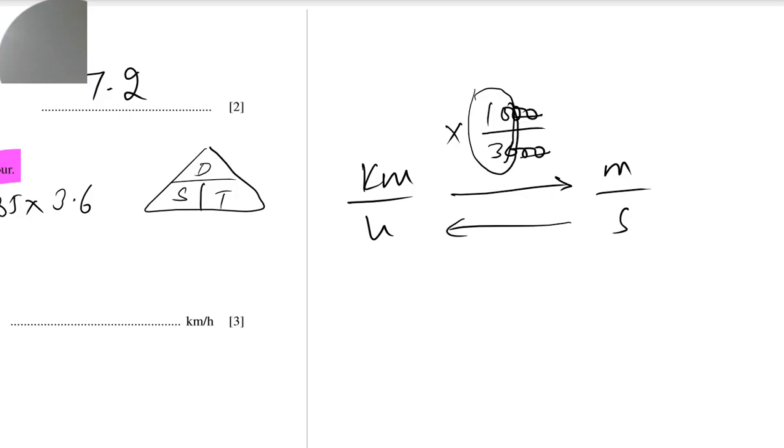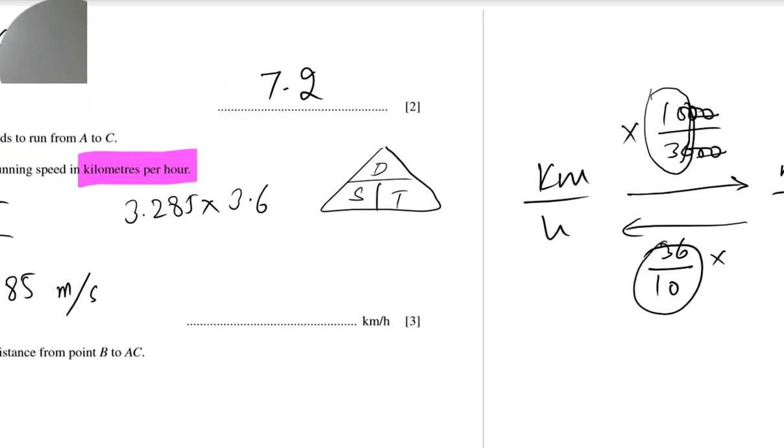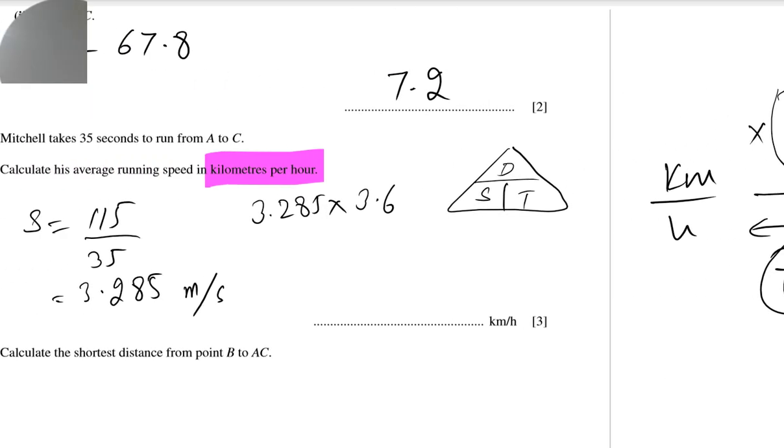For the vice versa, we will use the reciprocal, 36 over 10, so this thing would be 3.6. That gives 11.828 or 11.8.